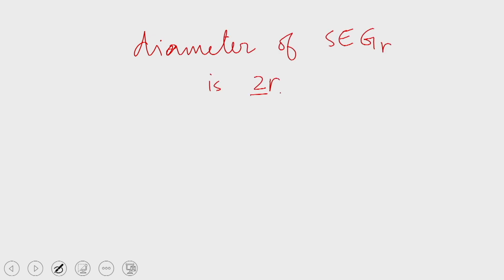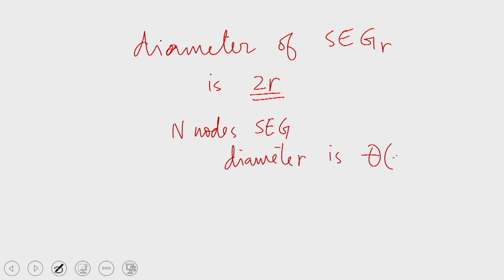In other words, when we consider a shuffle exchange graph of n nodes, the diameter is theta of log n. That establishes that the diameter of a shuffle exchange graph is low indeed.